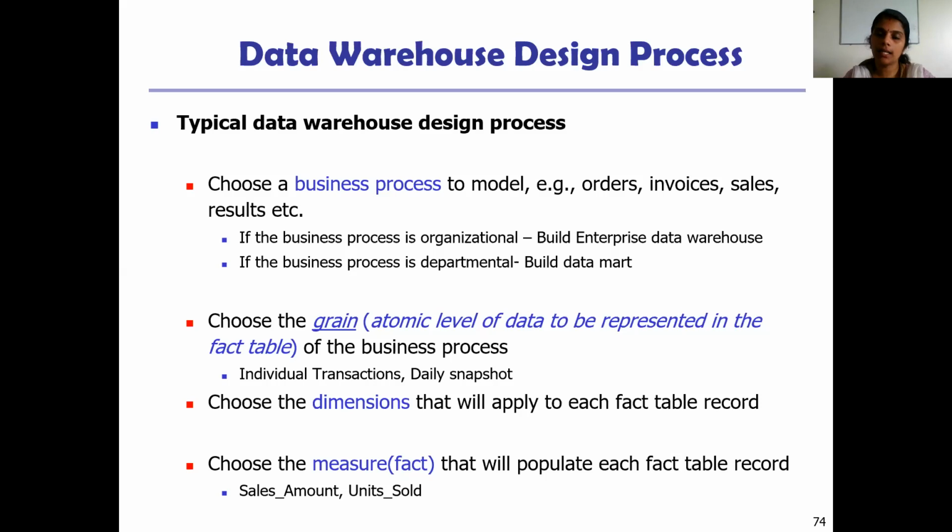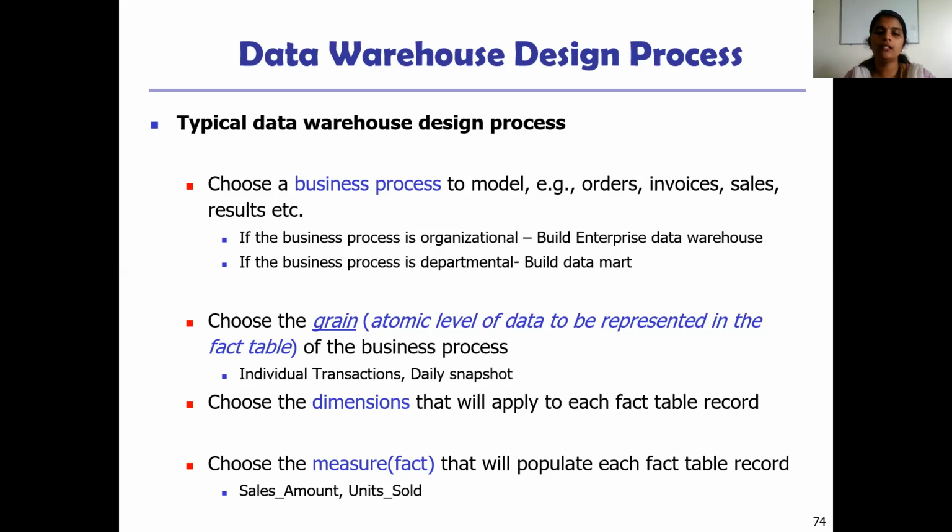Now the third thing is to choose the dimensions that will apply to each fact table record. Considering each fact, the dimensions are related using the facts. So you have to choose the dimensions. As I told, if I have a sales data warehouse, I may choose dimensions such as product, time, sales, year, etc. So you have to choose the dimensions applicable to your data warehouse.